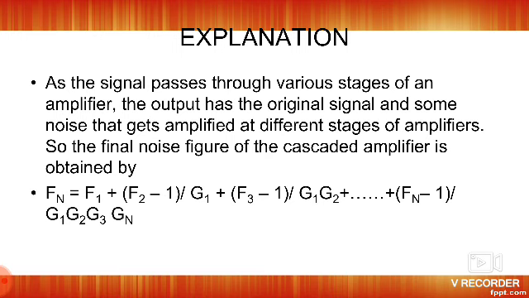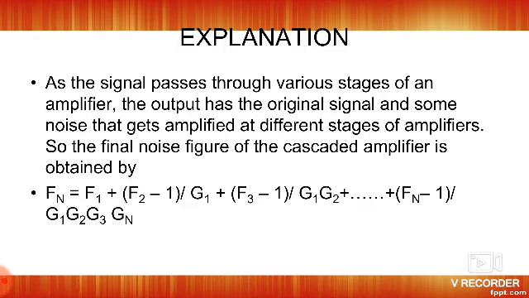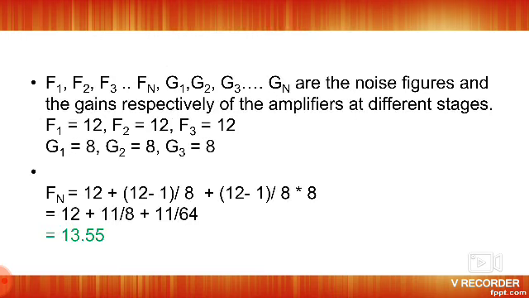As we know, the formula to calculate the overall noise factor is Fn equal to F1 plus (F2 minus 1) divided by G1 plus (F3 minus 1) divided by G1 G2, and so on, up to (Fn minus 1) divided by G1 G2 G3 up to G(n minus 1). Here F1, F2, F3 up to Fn and G1, G2, G3 up to Gn are the noise figures and the gains, where F is the noise figure and G is the gain.